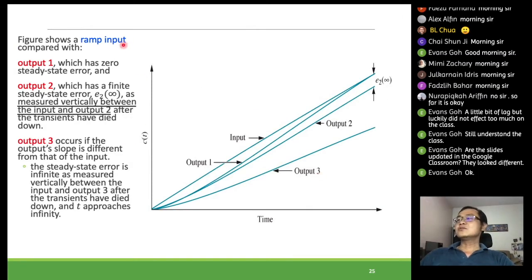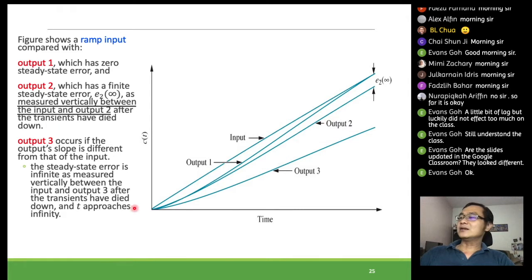Then when we give a different type of input, let's say in this case a ramp input, we would have three possible outputs. The first output may reach the zero steady state error. So this is our input, then this output goes up and maintains at the steady state that gives us zero error. The second type of output always has a finite steady state error, output number 2.